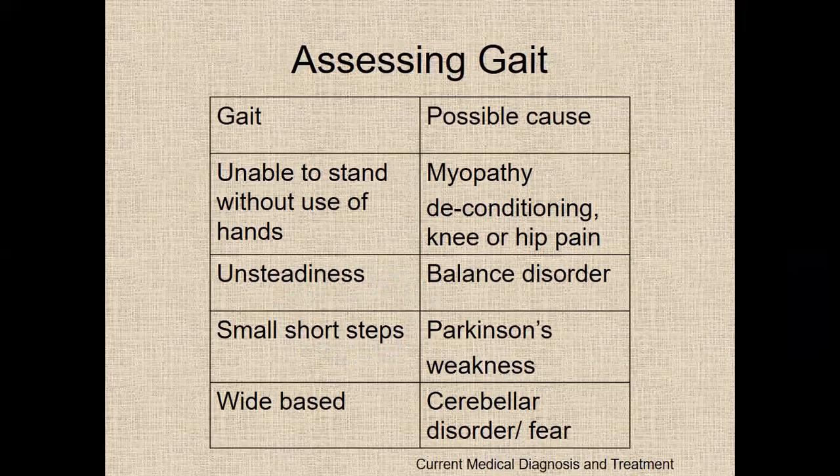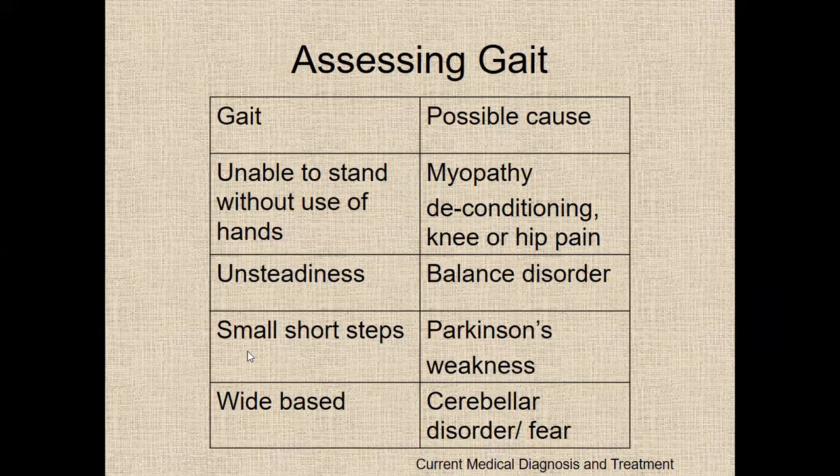So if you see here, the gait: you see if the patient is unable to stand without use of the hands, maybe because of myopathies, maybe because of deconditioning, maybe because of knee or hip joint pain. If you see that the patient is very unsteady, he may have some balance disorders.